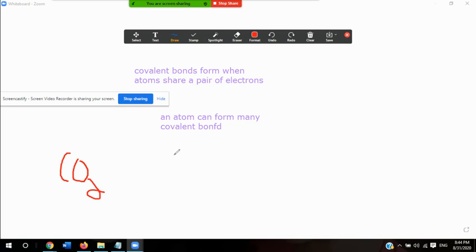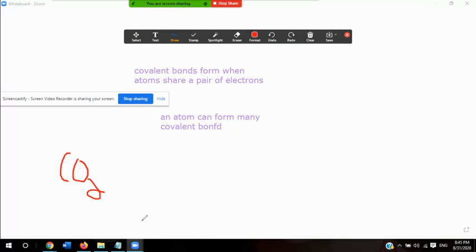And let's move on real quickly. So covalent bonds are generally strong bonds. Okay, depending.